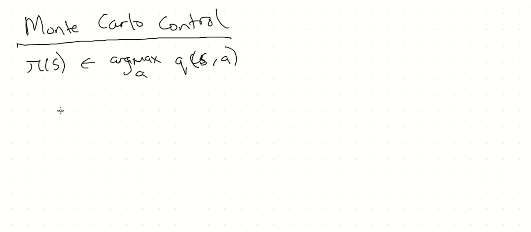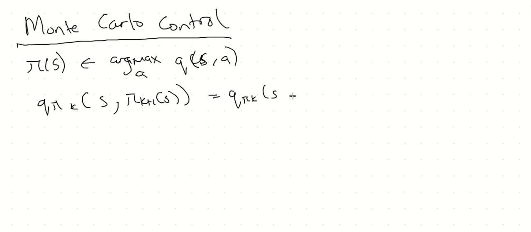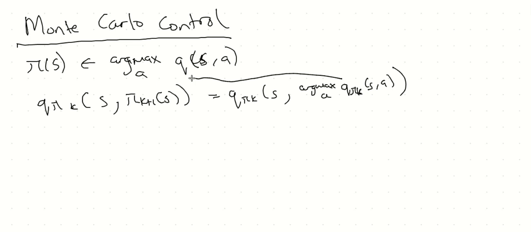And the other thing is, if you remember from the policy improvement theorem, we were saying that if we take pi_{k+1}(s), which is essentially equal to the argmax over all actions of q_{pi_k}(s, a), that's how we get this.